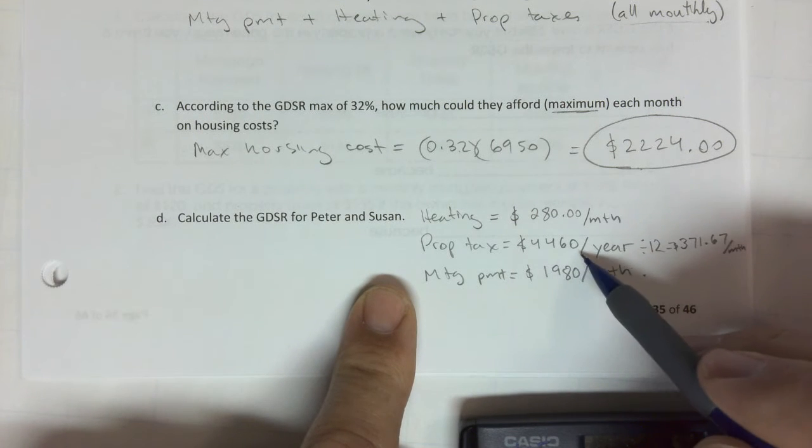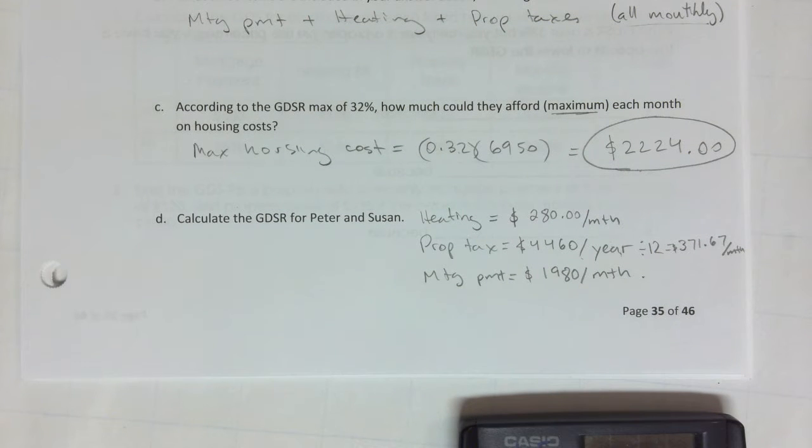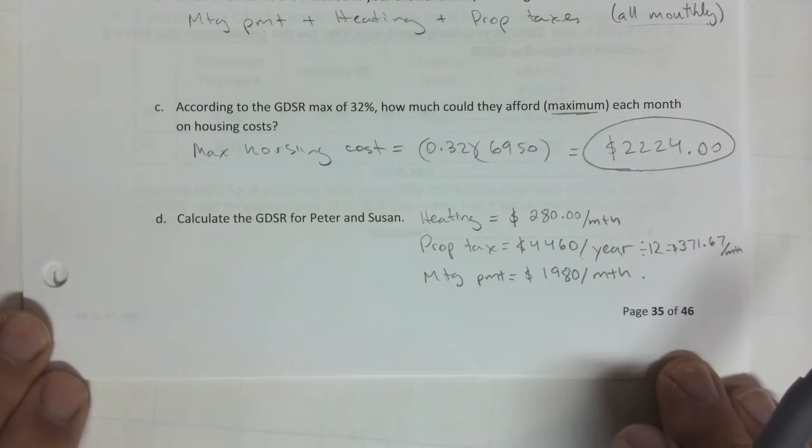So we need to get the monthly amount. If you don't, I already talked about it on Friday, your answer is going to be somewhat ridiculous. It's going to be a ridiculously high or ridiculously low number, which should indicate to you something went wrong here. All right, so let's go ahead and find the GDSR.